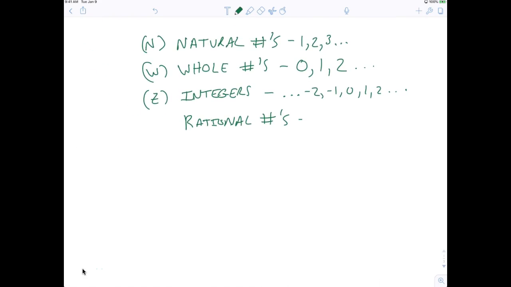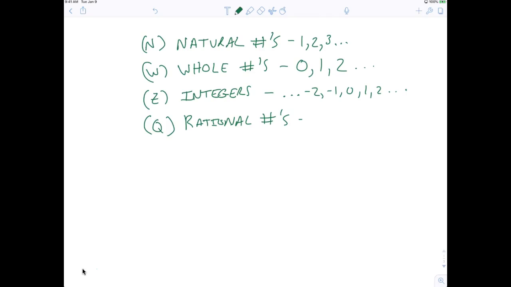So a rational number is any number that can be written as a fraction. If you want to abbreviate rational number, we would call it what letter? Q. Very good. The reason why we don't call it R is because these are real numbers. There are different words that share the same letter, so it's kind of hard. Here's how they decided to abbreviate.